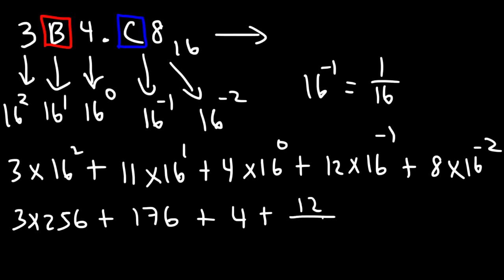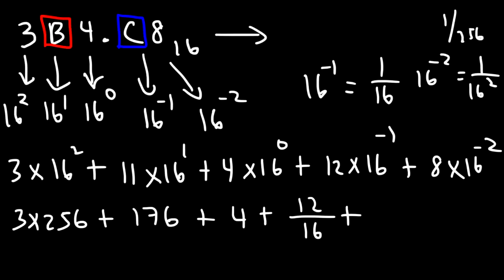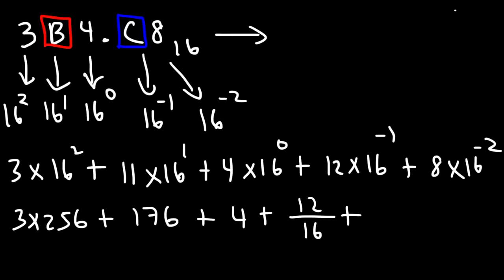We're going to take 12 and divide it by 16. And now, 16 to the -2, that's 1 over 16 squared, which is the same as 1 over 256. And so we're going to divide 8 by 256. So this is going to be plus 8 divided by 256.